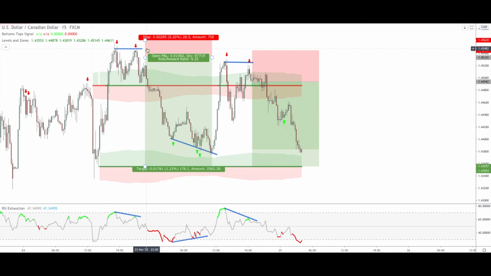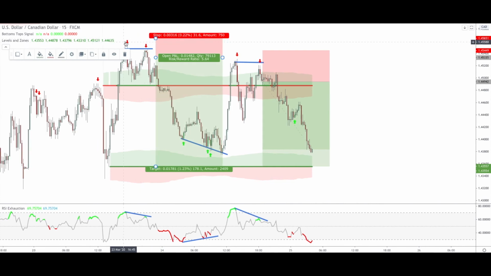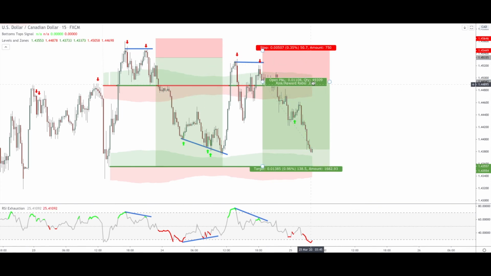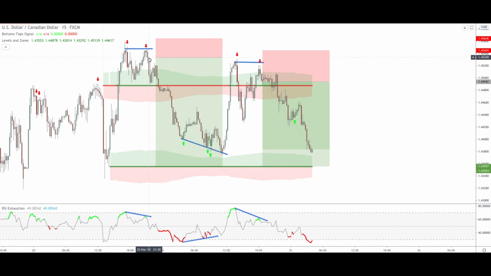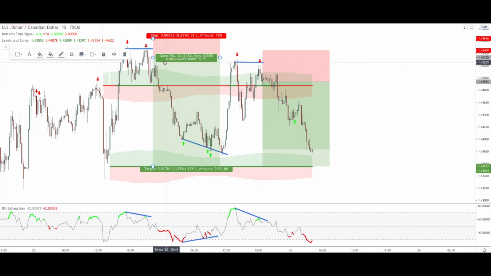Probably it's not enough, because we should place it a bit higher. You see this wick here, I want to stay a bit higher than this one, but still it would be almost a 6x return. In this case it's almost a 3x return, so I'd say this is half of what we would have gotten if we had got involved in the trade earlier, in this opportunity.